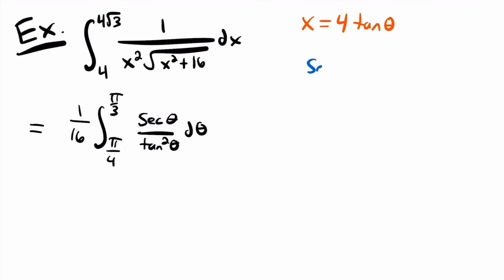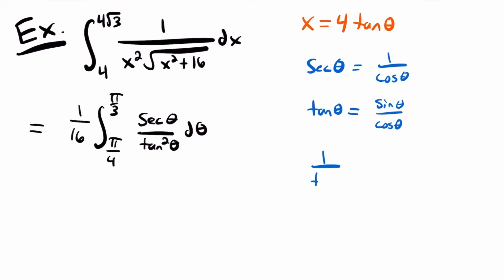And so remember, secant theta is equal to 1 divided by cosine theta, and tangent theta is equal to sine theta divided by cosine theta, which means that 1 divided by tangent theta would be equal to the reciprocal of this fraction, which is cosine theta divided by sine theta.